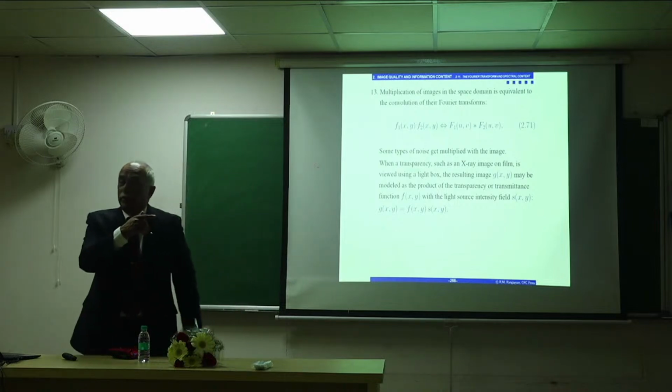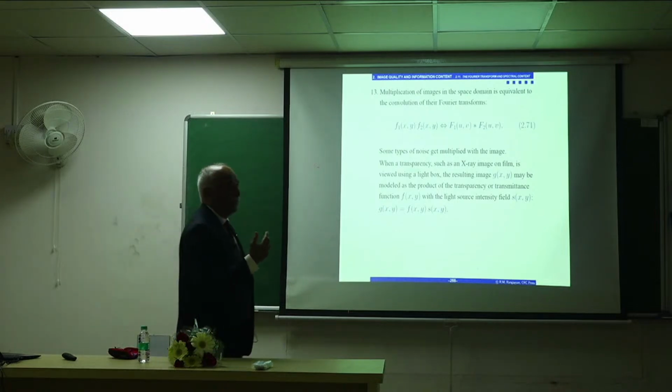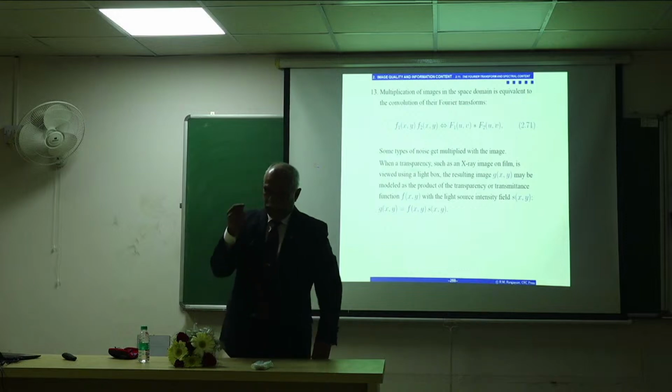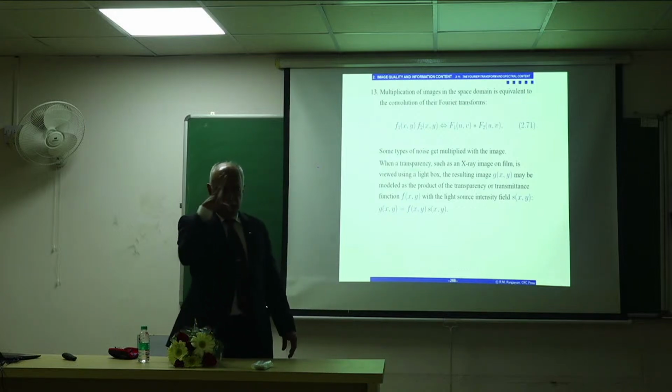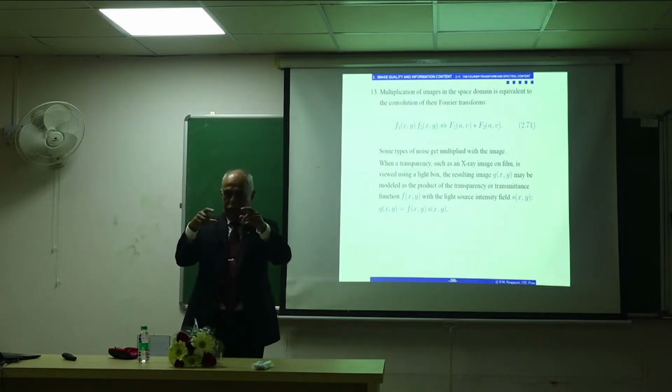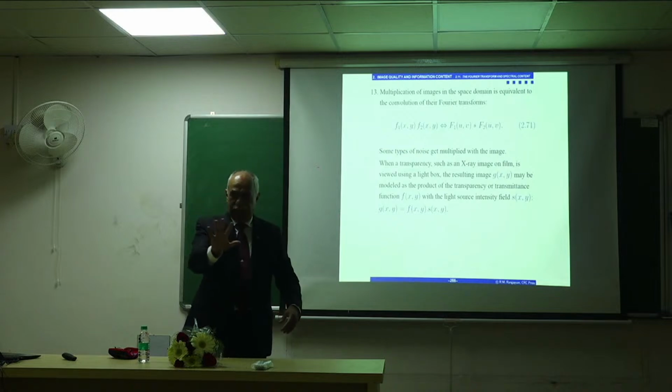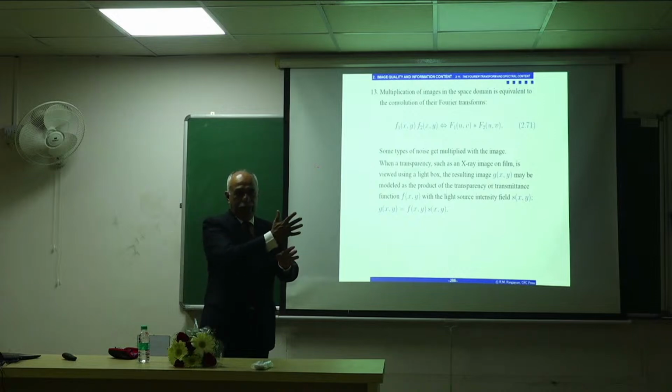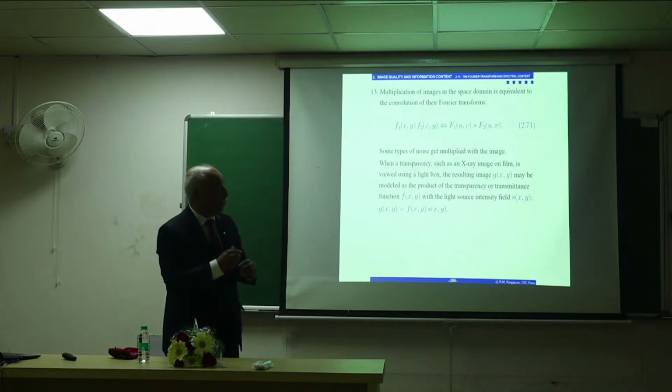So the image you see, or record, is a product of the illumination function, the light field, with the reflectivity, if I take a picture using a camera, reflectivity of whatever the pattern here is, or transmittivity if I'm sending it through film or some transparency.